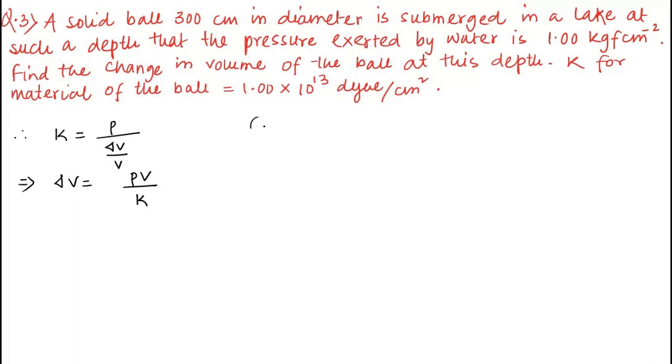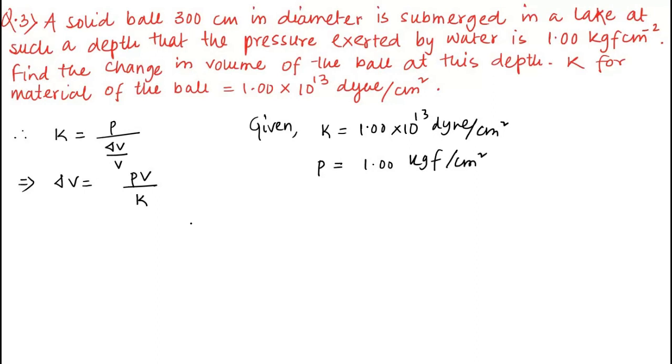So the given data are K is given, which is 1 into 10 to the power 13 dyne per centimeter square. P is given, which is 1 kgf per centimeter square.